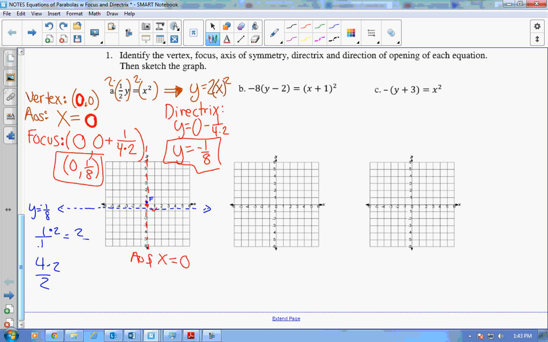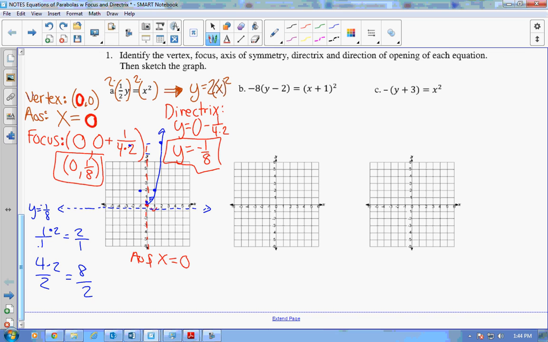So we're going to go up 2 over 1, and we have another one up 8 from the vertex over 2. From the vertex up 2 over 1, both ways, left and right. From the vertex up 8. Do I have the number 8? 2, 3, 4, 5, 6, 7, 8. And over 2. So I actually end up off the graph a little bit.